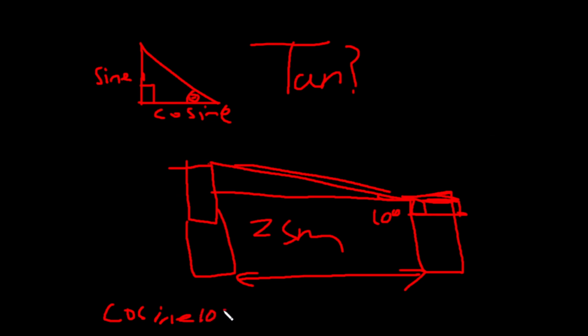Cosine 10 degrees equals hypotenuse h over, this would be cosine, so we have 25. To solve for h, you multiply by 25 to cancel out the 25 and put 25 right here. So 25 times cosine 10 degrees equals h, or hypotenuse.